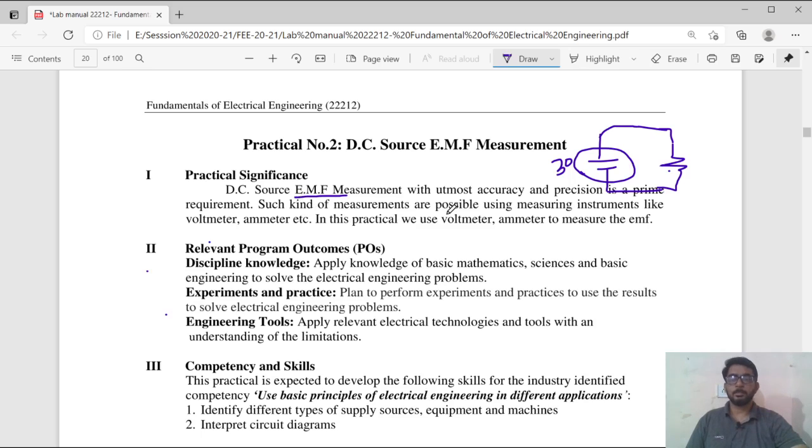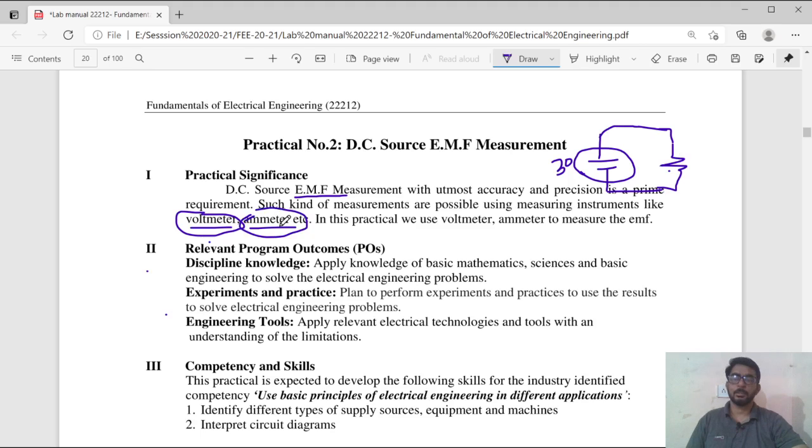Such kind of measurement is possible using measuring instruments like voltmeter, ammeter, etc. In this practical, we use voltmeter and ammeter to measure the EMF. Please remember, the voltmeter is used to read the voltage across a particular load, and the current meter, also known as ammeter, is used to read the current flowing through the particular load.